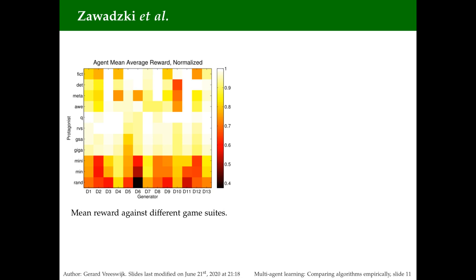So just 13 suites of games, and you see, for example, that random performs very badly on the subset of games, game type D6, and you see that Q-learning performs very well on nearly all game types, except on game type 6. So game type 6 is apparently quite a difficult game type to learn on.